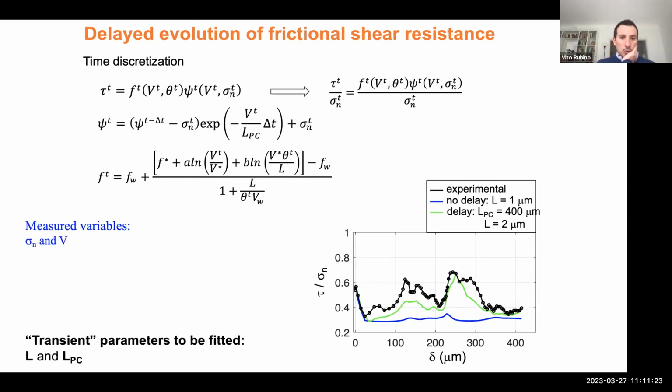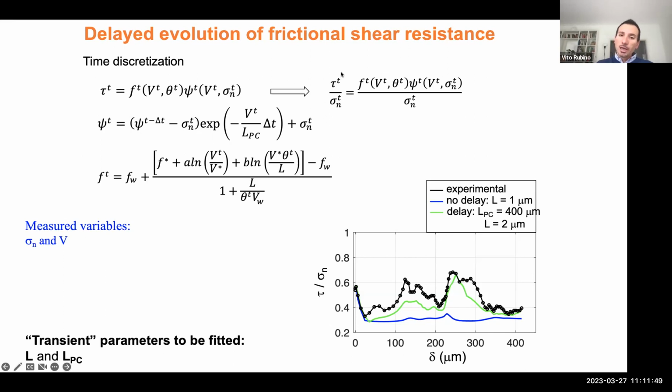So now the idea is to enrich the expression of shear resistance with this function psi, where we compute its evolution. The input to this evolution is the measured slip rate and the measured variation in normal stress, and then we fit for L_PC, to see whether we can find an L_PC that can match the experimental measurements.